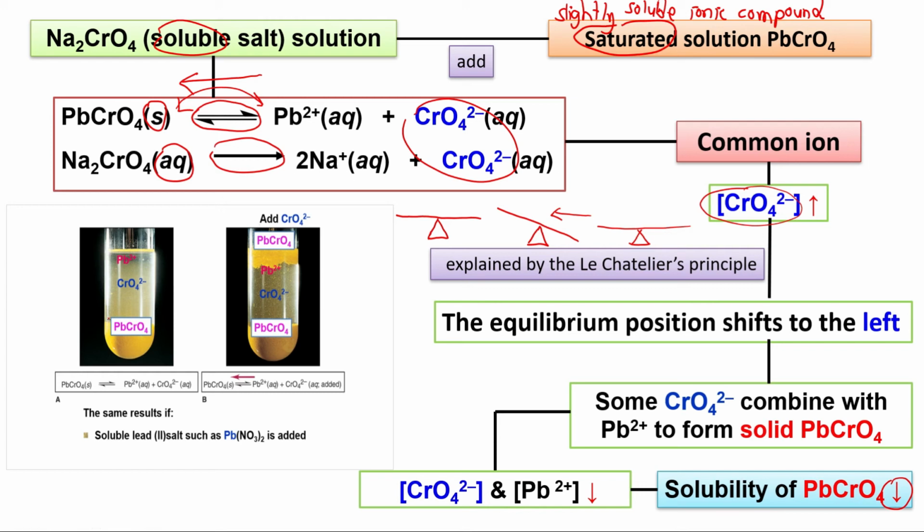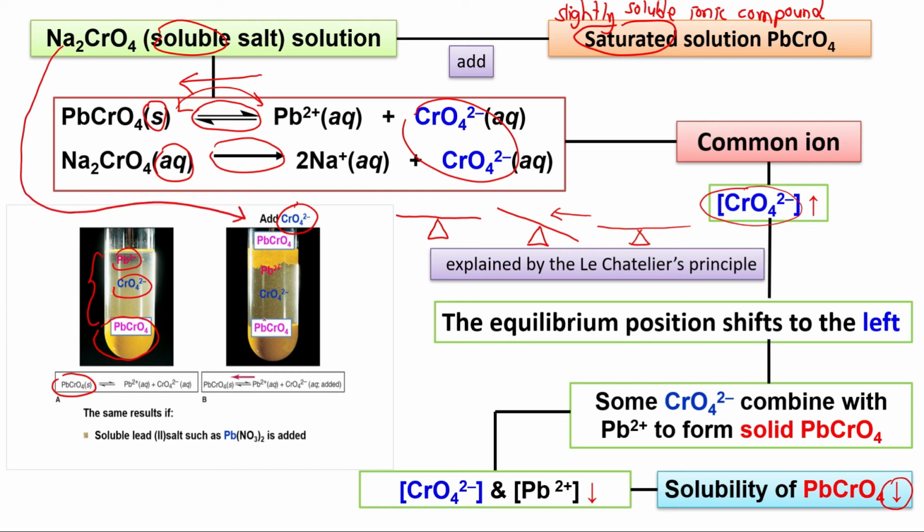For a clearer picture, we have a picturized explanation here. Let's say at first we have a slightly soluble ionic compound, which is this plumbum chromate. Initially this is the solid part, and then this is the slightly soluble part. It dissociates into its ions. Then for picture B, we add some more soluble salt containing chromate, such as sodium chromate.